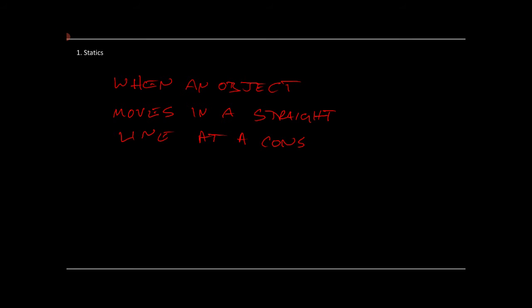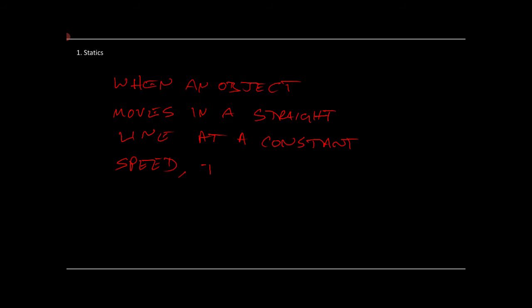When an object moves in a straight line at a constant speed, or it doesn't move at all. I mean, as long as it's not changing its speed and not changing its direction. If it's not moving, it's not changing its speed and it's not changing its direction because it's just sitting there.